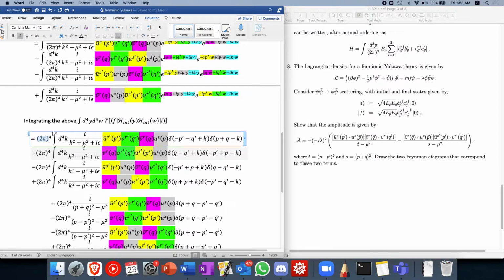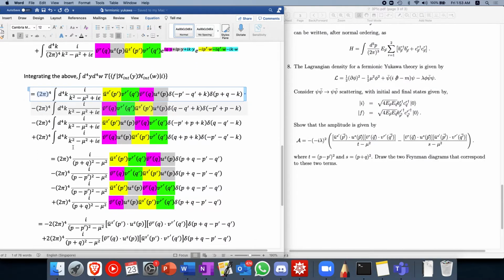So we now have a single integral in terms of k. We evaluate the k integral simply by substituting in the values. So these two collapse down to a single Dirac delta function, and you essentially replace every occurrence of k with p plus q.